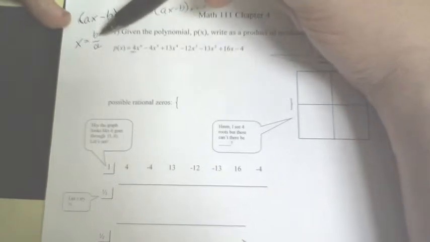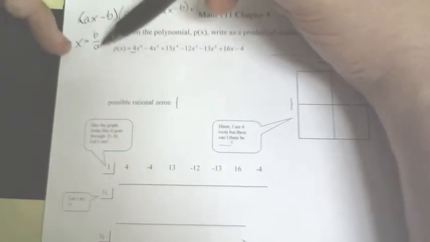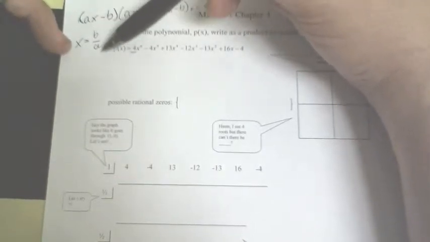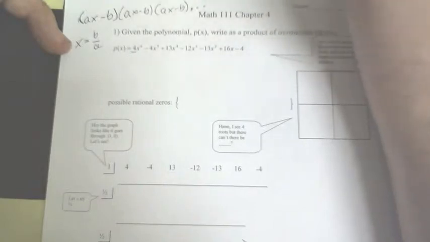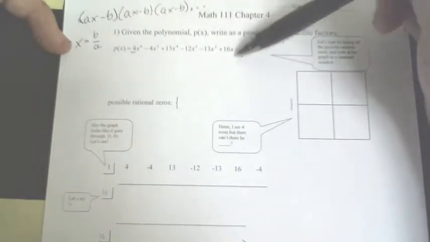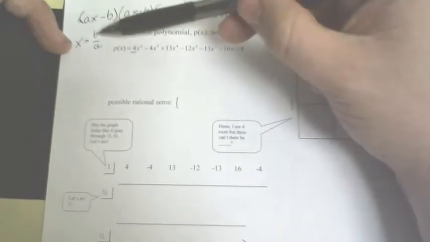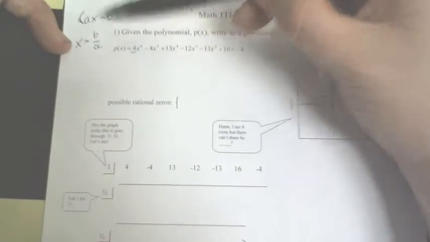Set this equal to 0, solve, add the b, divide by a. So all of your factors, if they are rational, should be of this form. Now there might be some irrational numbers in here that are making this 4, or even some complex numbers making this -4 at the end. But if they're rational numbers, they will be of this form.